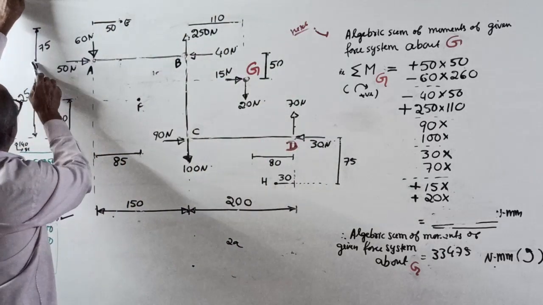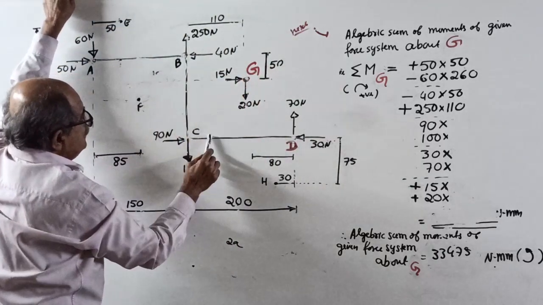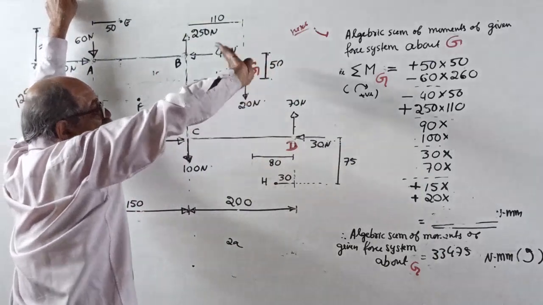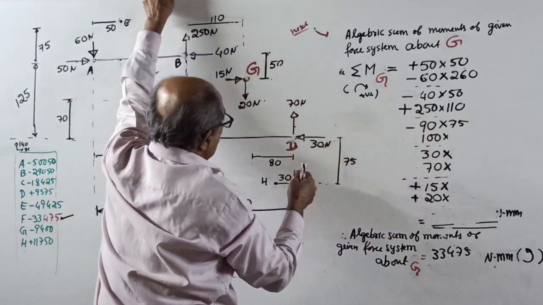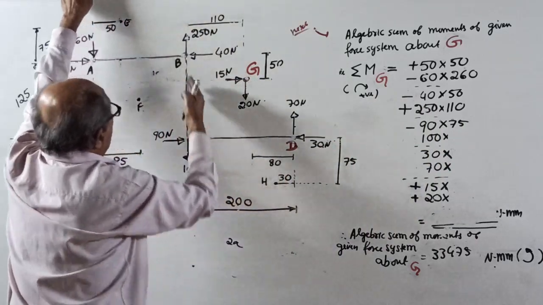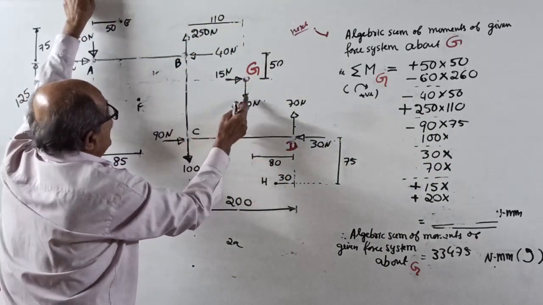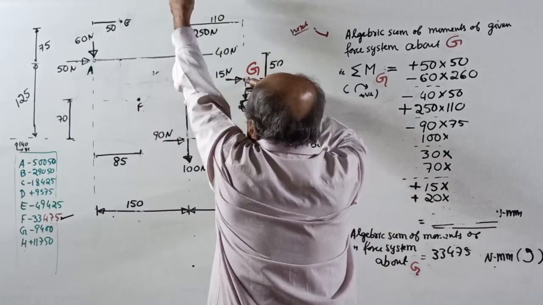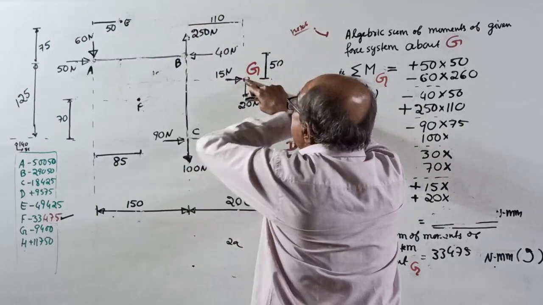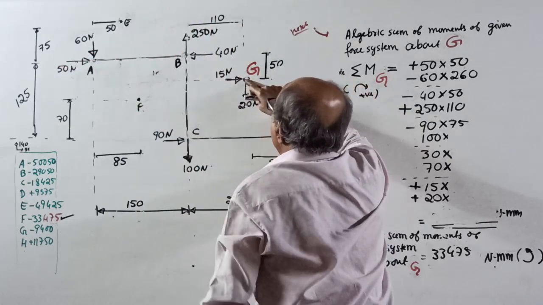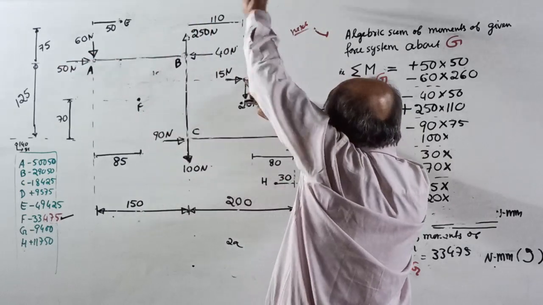This is 125, this is 50, so this is 75. Anti-clockwise, minus 90 into 75. 100 into 100. See, 100 into, when a force moves this way, the distance should be this way. 100 into 110, anti-clockwise.